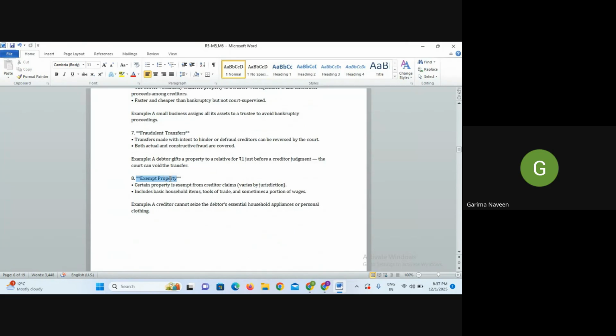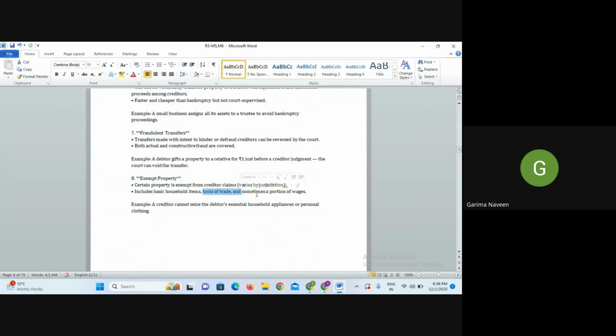Next is exempt property. Exempt property means some of the properties which can be exempted, which can prevent some of the properties of a debtor from being seized by the creditor. For example, some basic household items. These are necessary to the debtor, so they can be protected from seizure by the creditor.